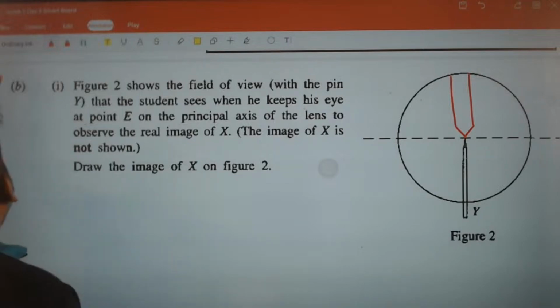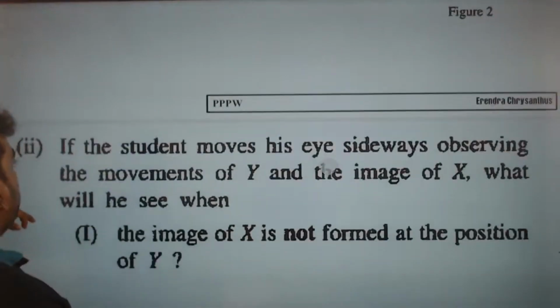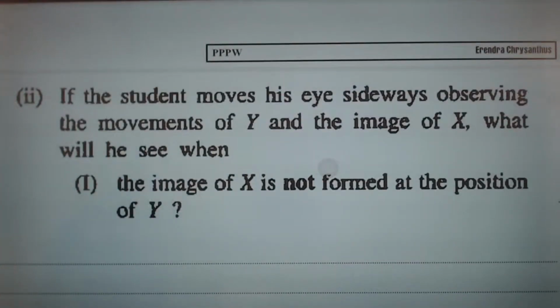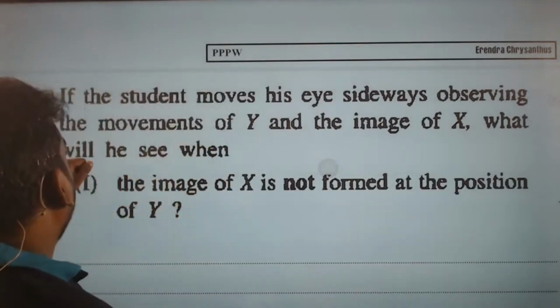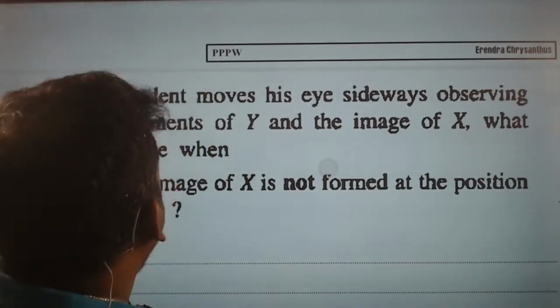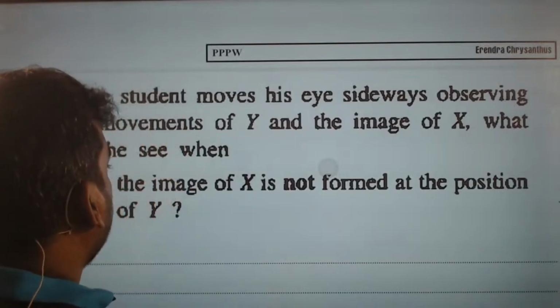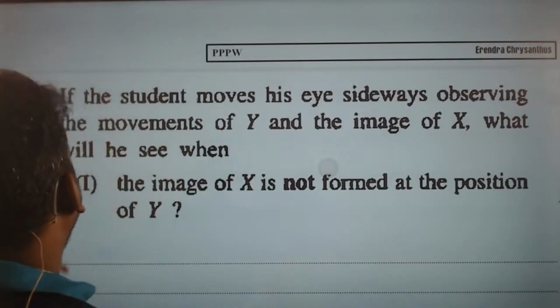Then what? If the student moves his eye sideways, we call this lateral direction, the movement of Y and the image of X, what will he see when the image of X is not formed at the position Y?